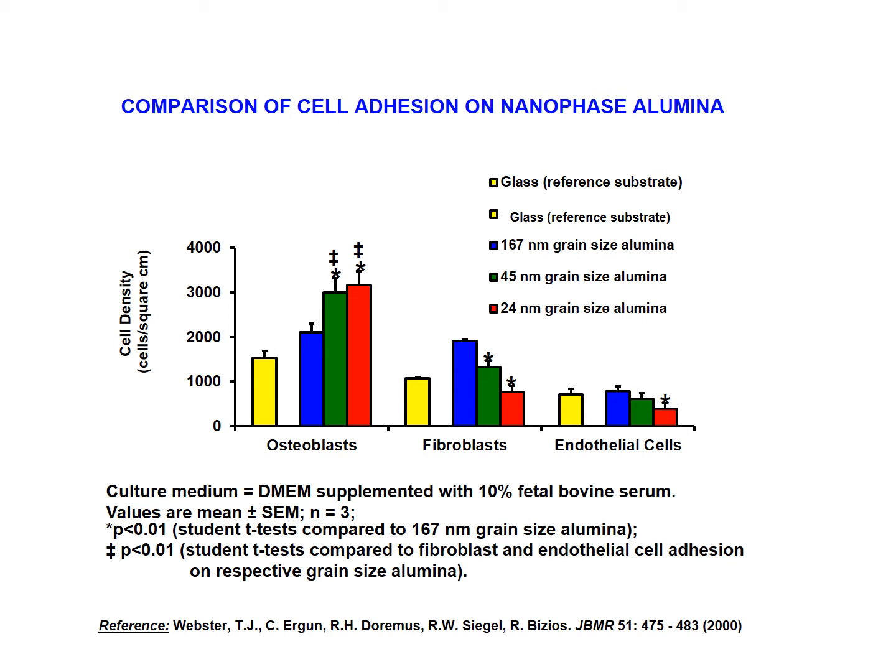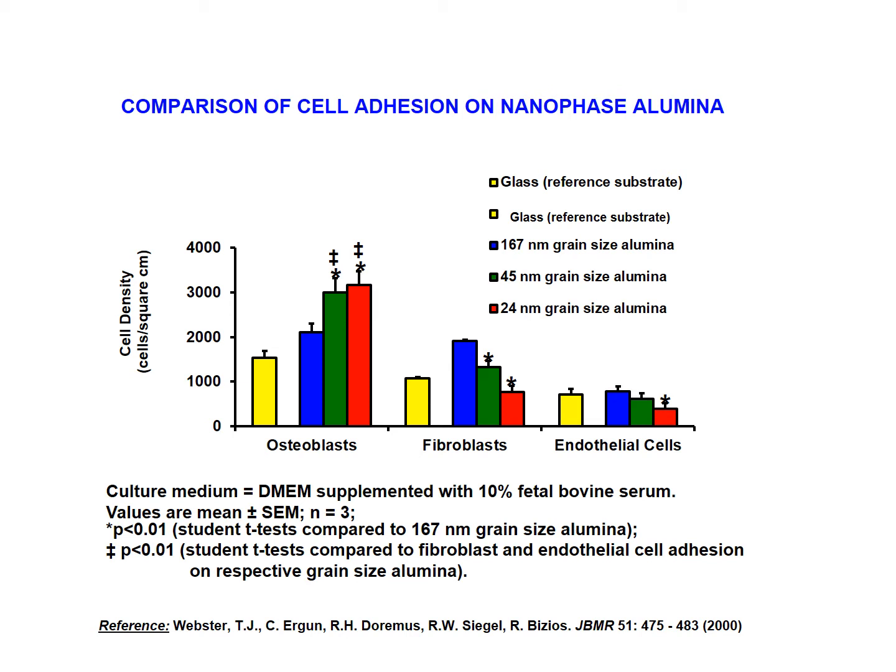These results are illustrated on this particular slide. You see here the adhesive interactions of three types of cells: osteoblasts, fibroblasts, and endothelial cells. In each case, the blue bars are those of the results of adhesion of the respective cells on conventional, that is now substrates with grain sizes larger than 100 nanometers.